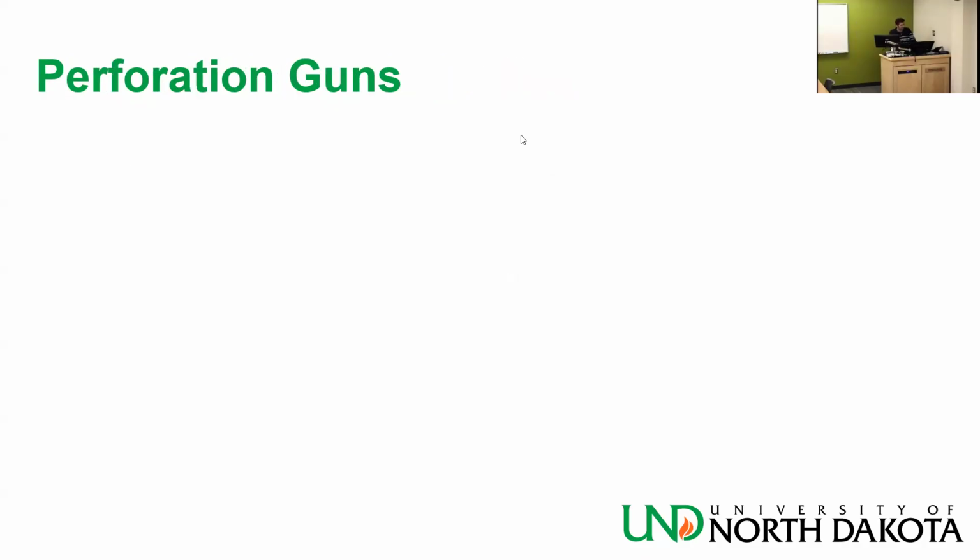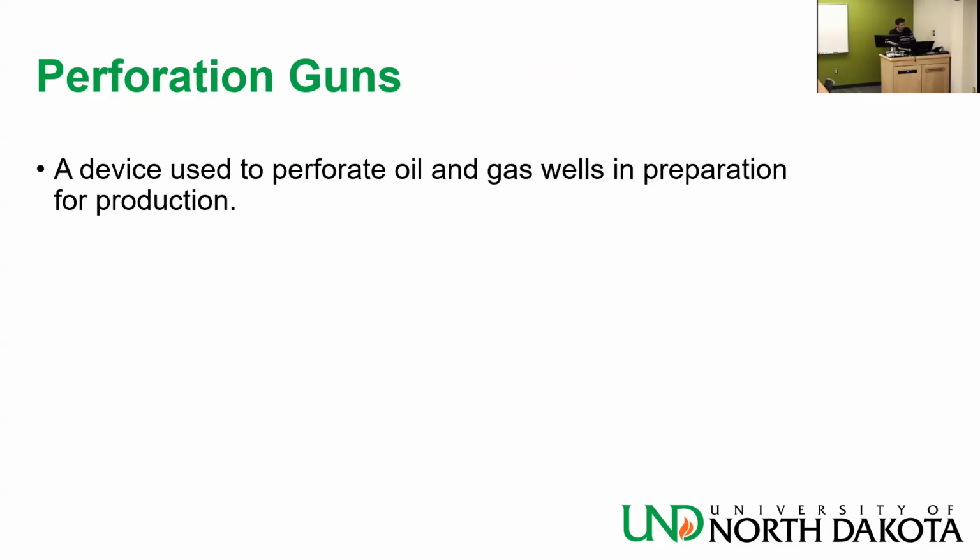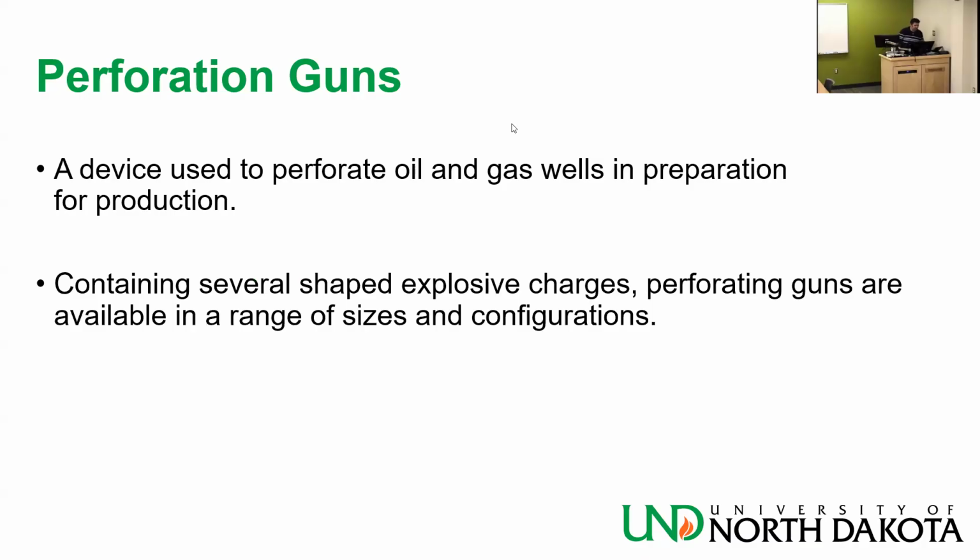Perforation guns. A device used to perforate oil and gas wells in preparation for production, containing several shaped explosive charges. Perforating guns are available in a range of sizes and configurations.